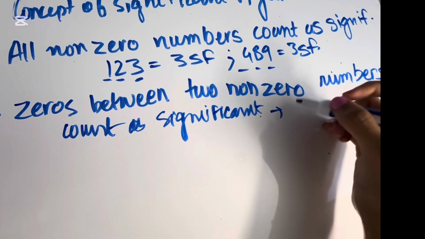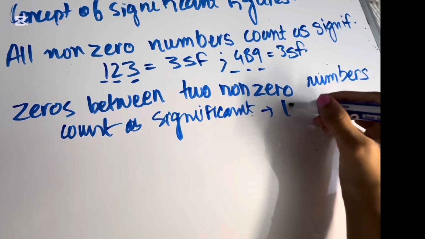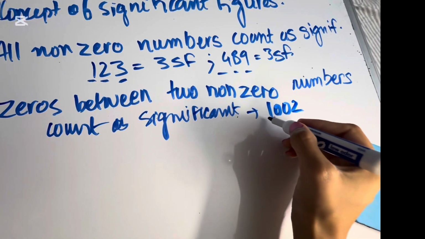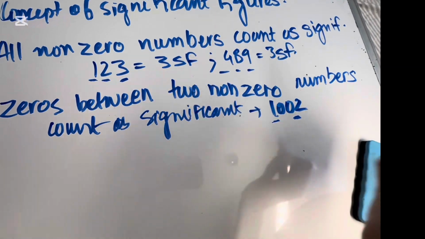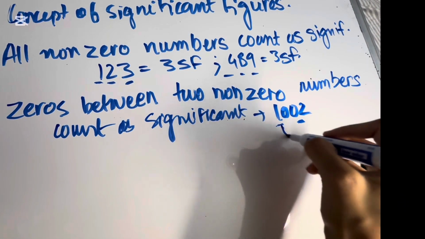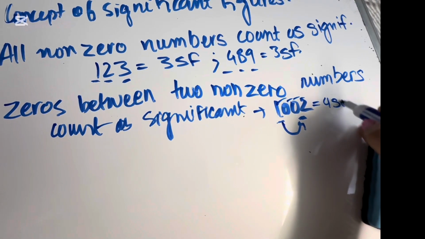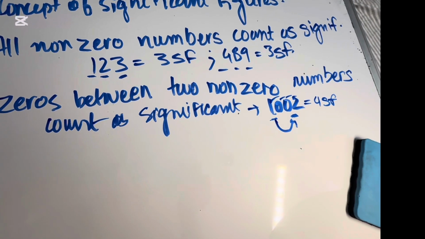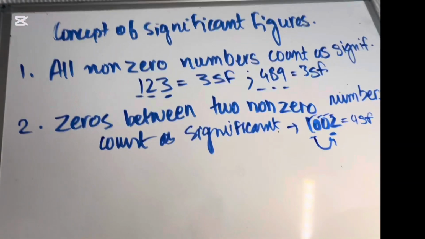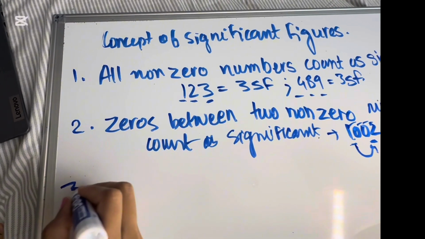That means if we have an example of 1002, here we have this and this as non-zeros. So in total we have 1, 2, 3 and 4 significant figures. That's easy as well.